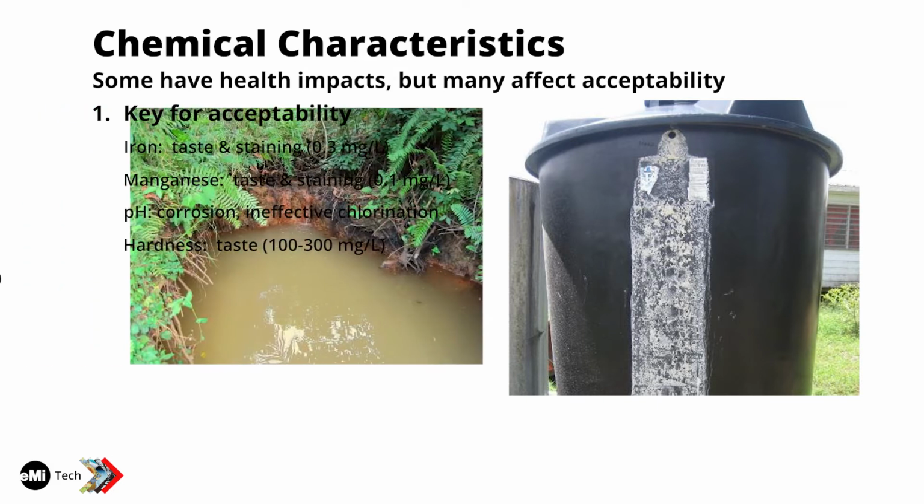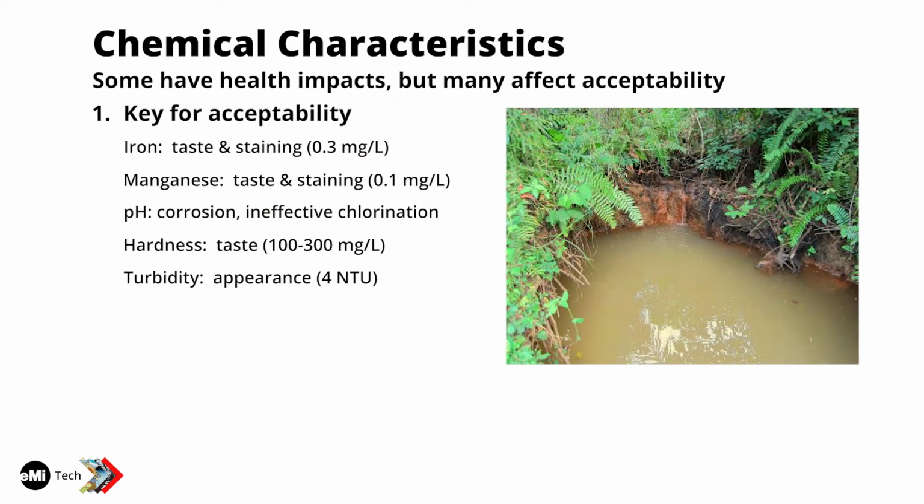And finally, turbidity just describes the cloudiness or really the light scattering properties of the water. And it mainly affects the appearance of the water. And also, if you have high turbidity levels, it can affect the effectiveness of the chlorine disinfection and other strategies for treating the water.